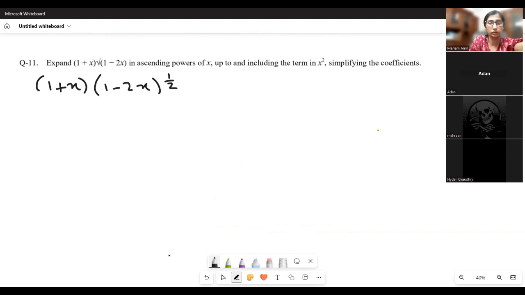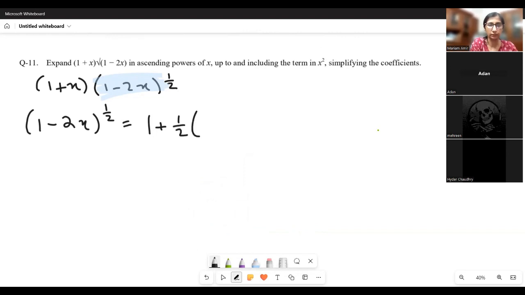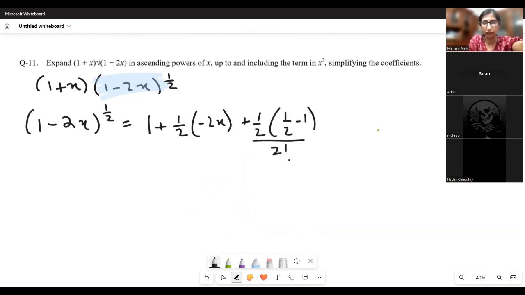So let's do that. We're just expanding this. That's going to be 1 minus 2x power half. That's going to be 1 plus half times minus 2x plus half times half minus 1 on 2 factorial times minus 2x squared.